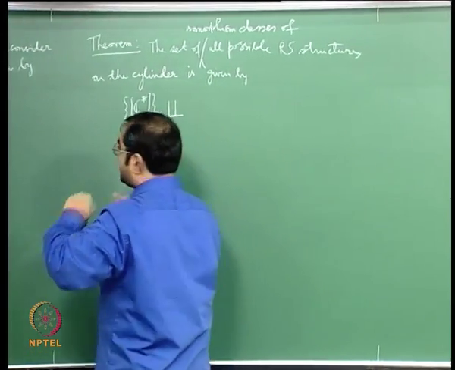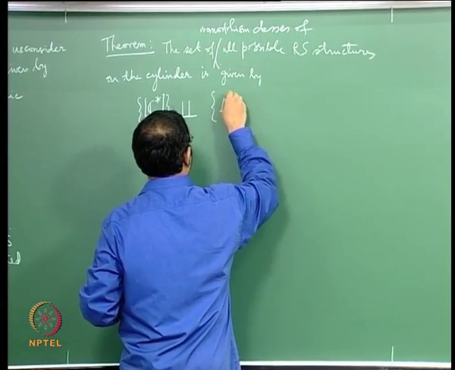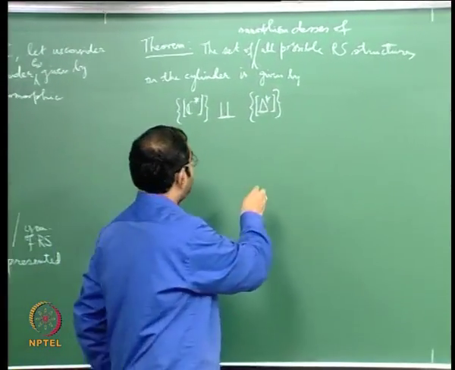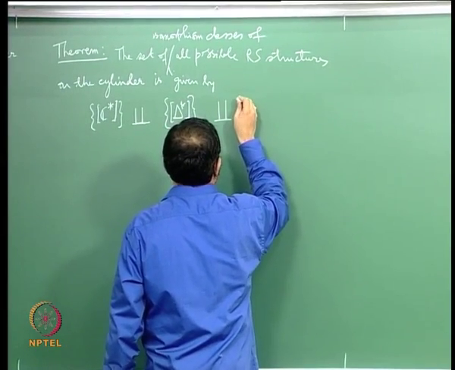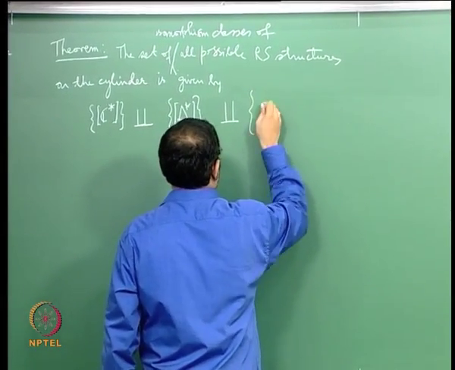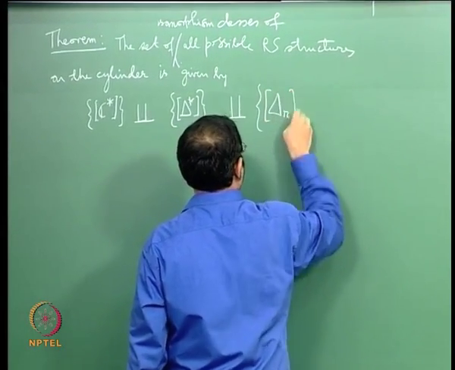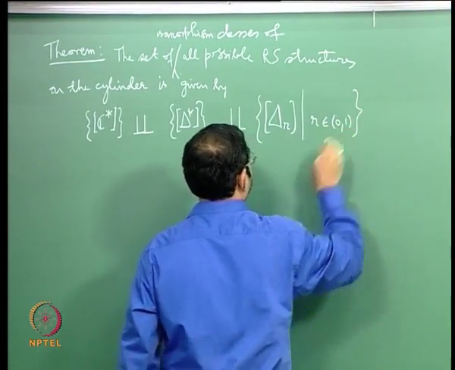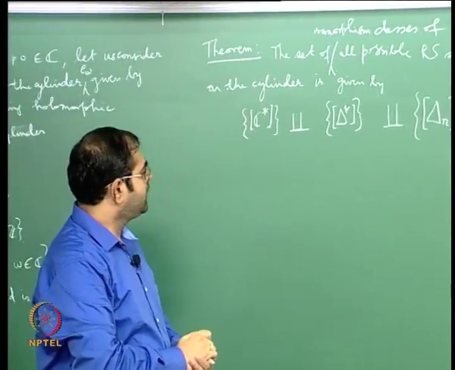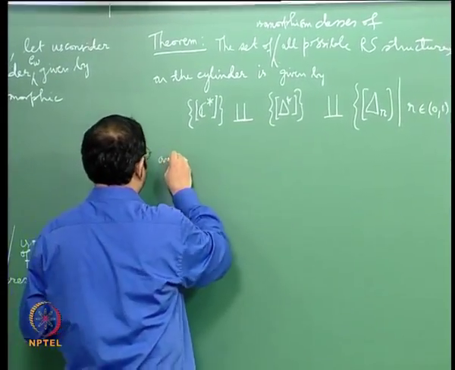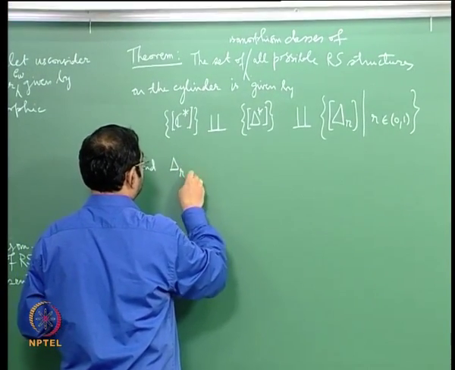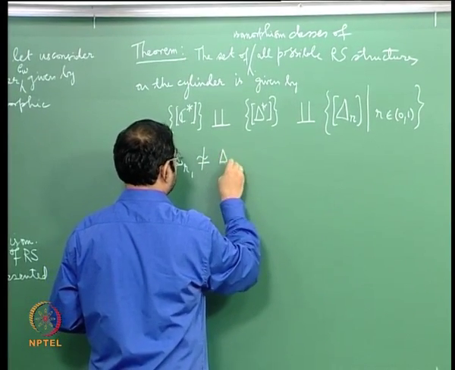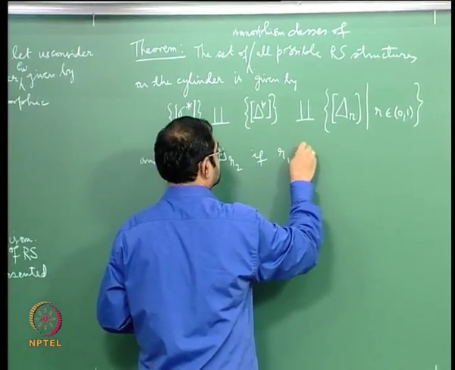So the other possibility is delta star, and again take the equivalence class, and then this is the disjoint union of all these delta R's such that R is a real positive fraction, okay, and delta R1 is not biholomorphically isomorphic to delta R2 if R1 is not equal to R2.